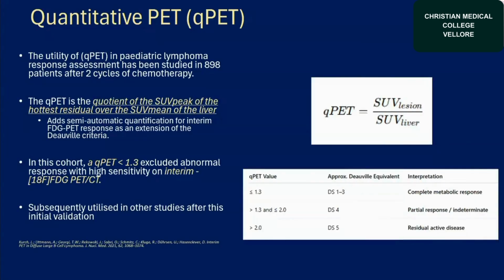So a QPET score of less than 1.3 would be equivalent to a Deauville score of 1 to 3, and it would mean complete response. While if the score is between 1.3 and 2, it is equivalent to a Deauville score of 4, which meant either a partial or an indeterminate response. While a QPET score of more than 2 was equivalent to that of the Deauville score 5, and it meant residual active disease. So this has been subsequently utilized in other studies after the initial validation.